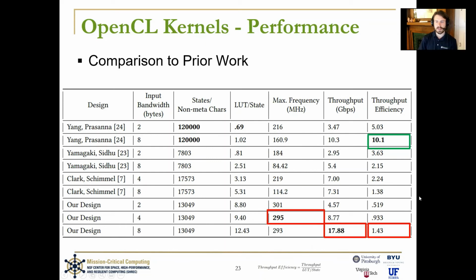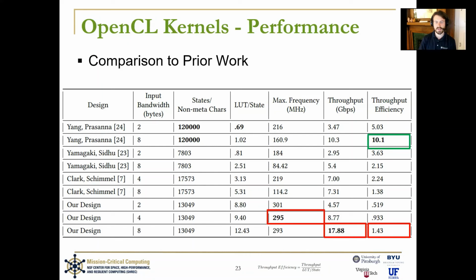Now, this is not the entire story, as system administrators would like to implement as many regular expressions and as many rules from the network intrusion detection system as possible. This requires efficient use of onboard resources. As such, we introduce another metric used often in the prior art.